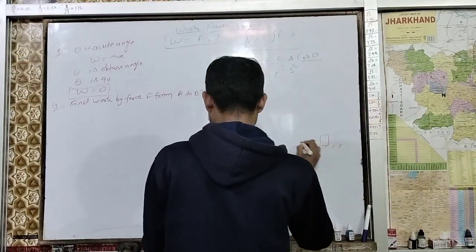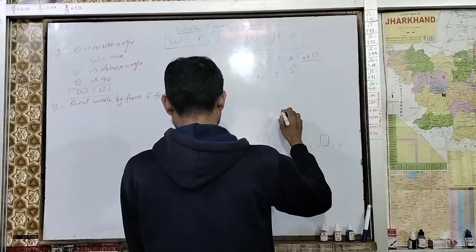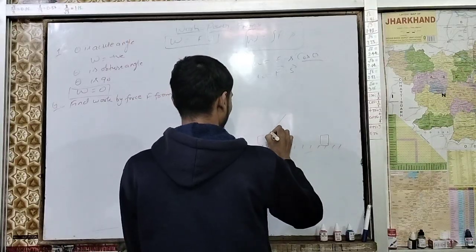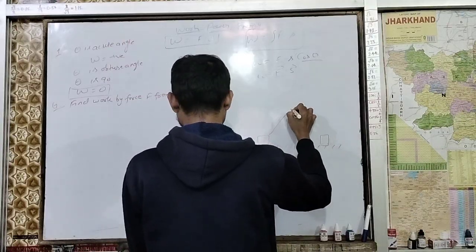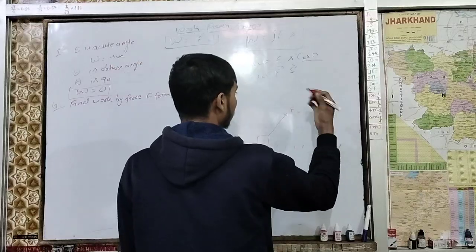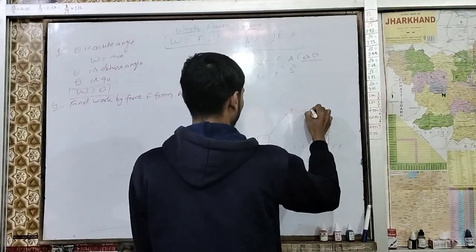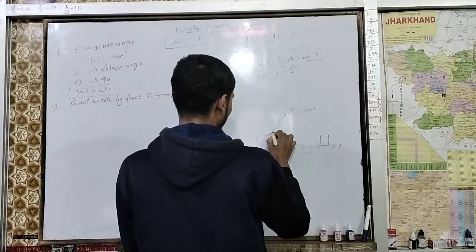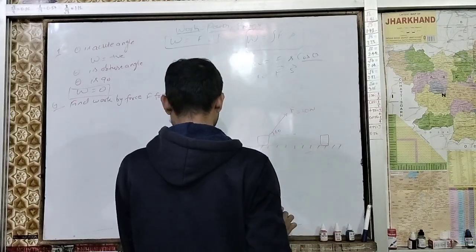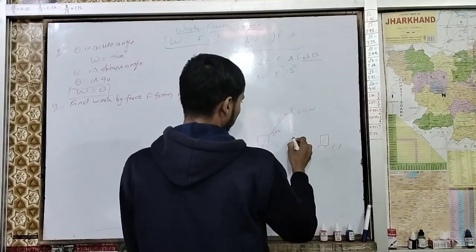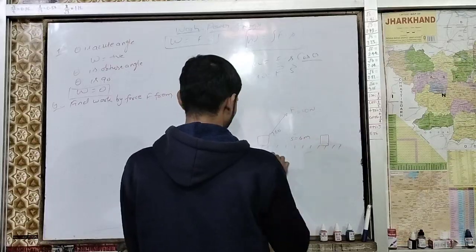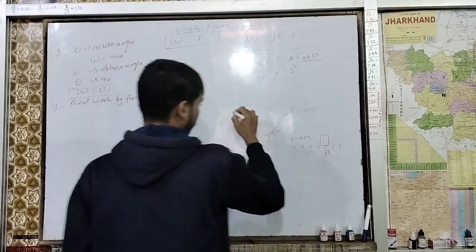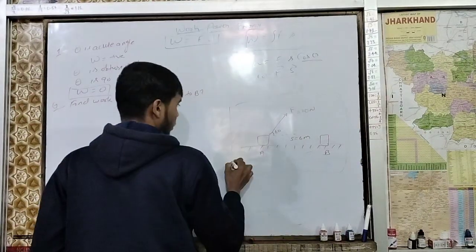And the applied force is in this direction, F whose value is 20 Newton, making an angle of 60 degree with the horizontal, and displacement is 6 meter. This is our figure. Try to visualize carefully.